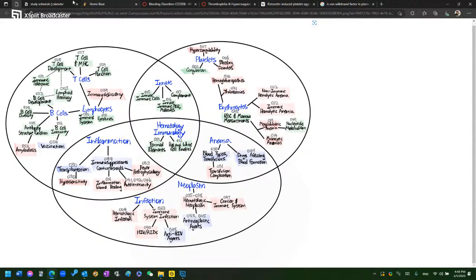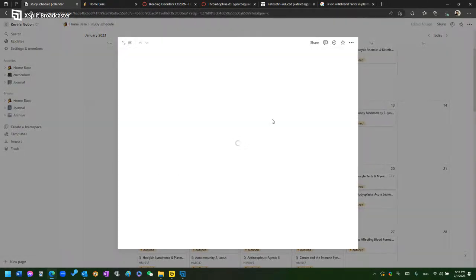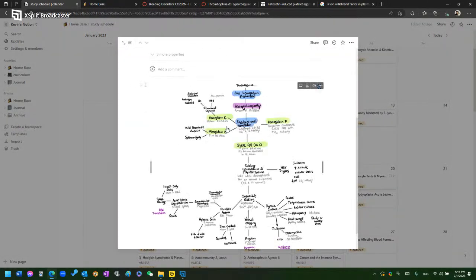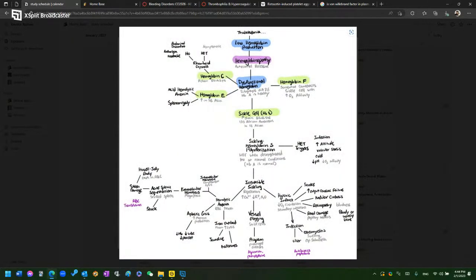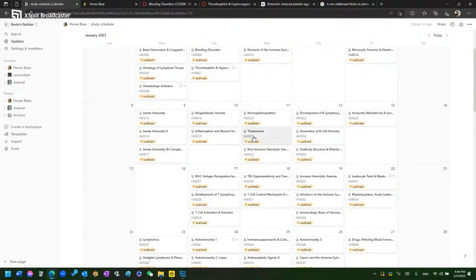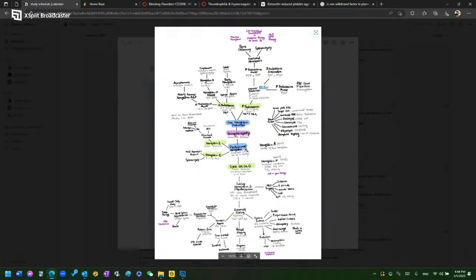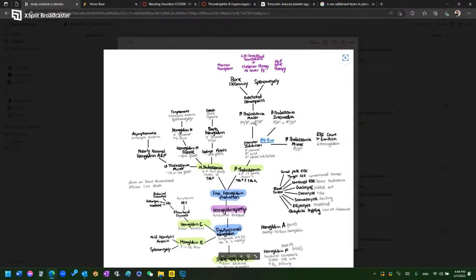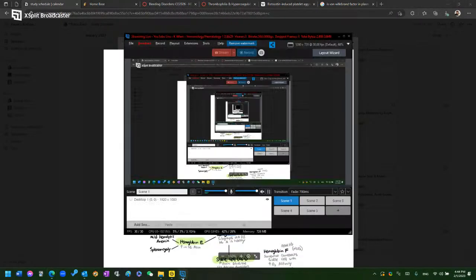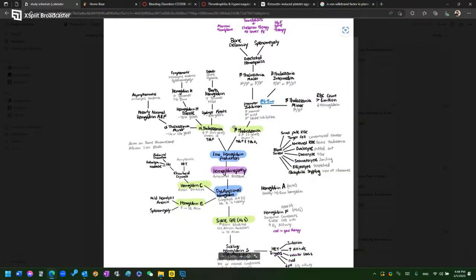I want to do thalassemias first, I think. And hemoglobinopathies first. This one is both. We'll just cover them both at the same time. Okay. So, hemoglobinopathy. You have a problem with hemoglobin.